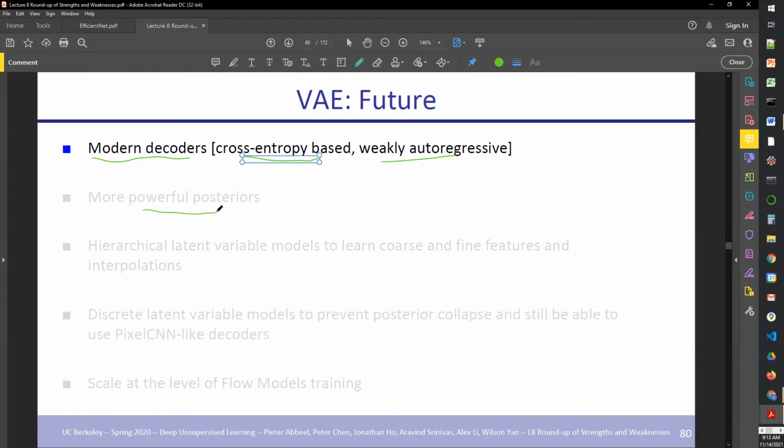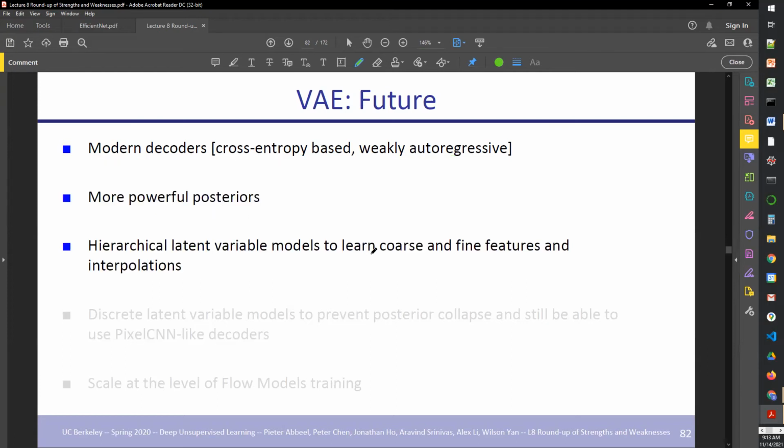More powerful posteriors rather than just the Gaussian, hierarchical latent variable models to learn the coarse features and the fine features and begin to interpolate between them. This is especially true when we dove into facial features and then hair and very fine-grained features, as well as big features with respect to male or female faces and things like that.